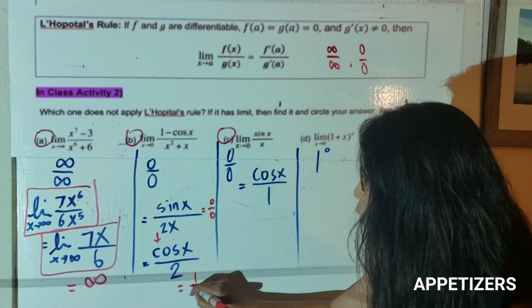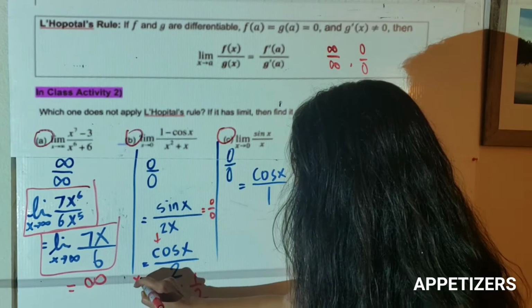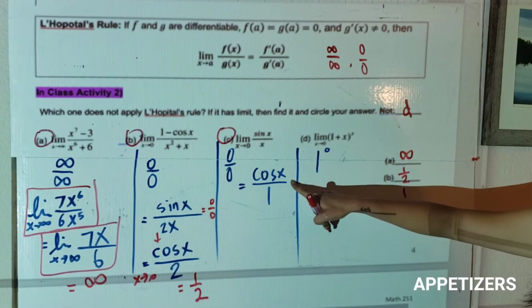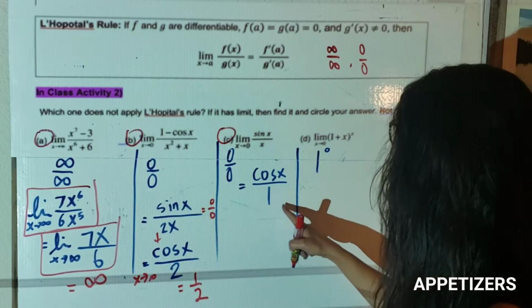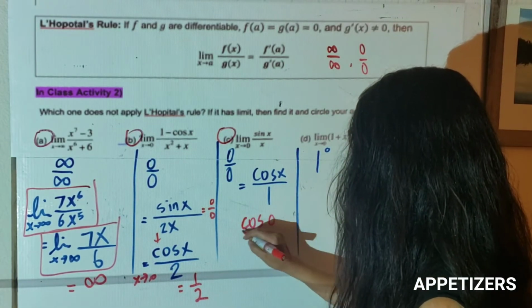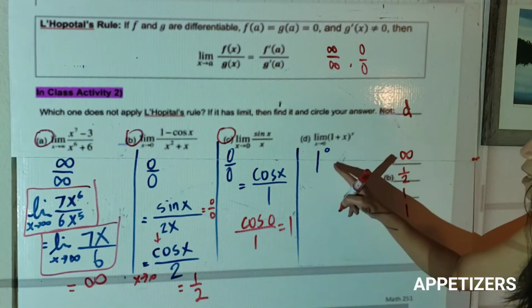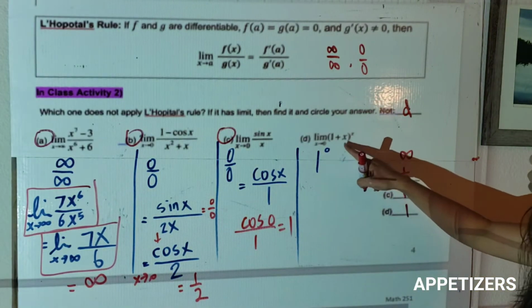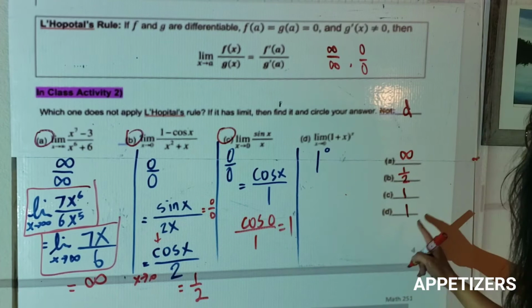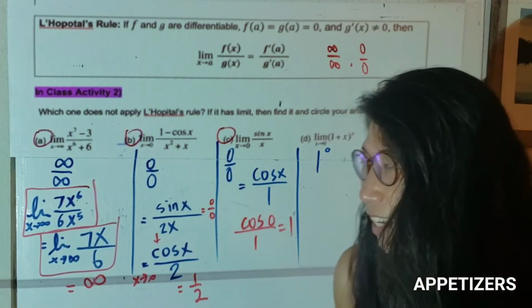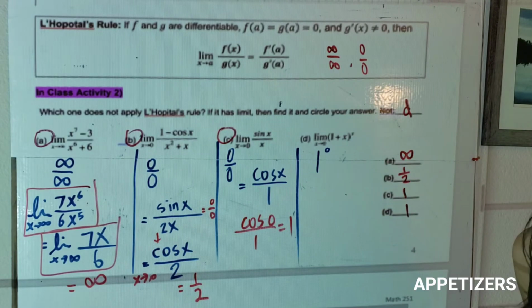Same idea with the next: 0 over 0, so take the derivative, then cosine x over 1, and cosine 0 over 1 is 1 over 1, so that's how we get 1. Last one, if I plug in, I get 1 to the 0th power, which is 1. So that's the in-class activities, and hopefully you understand the meaning here.